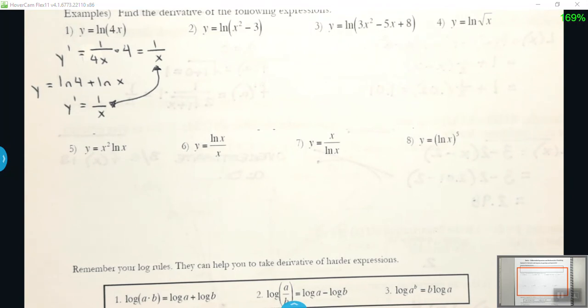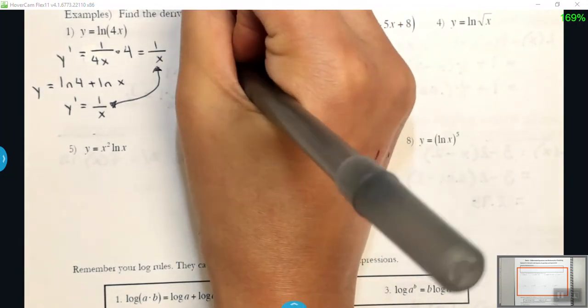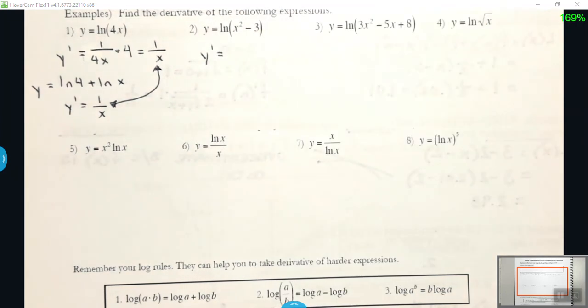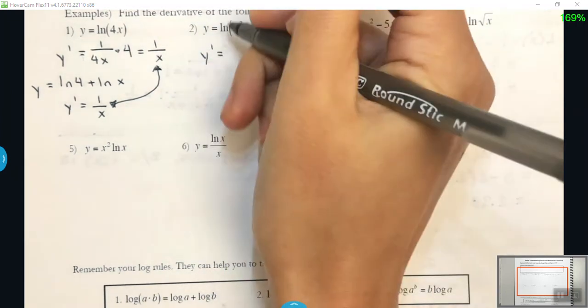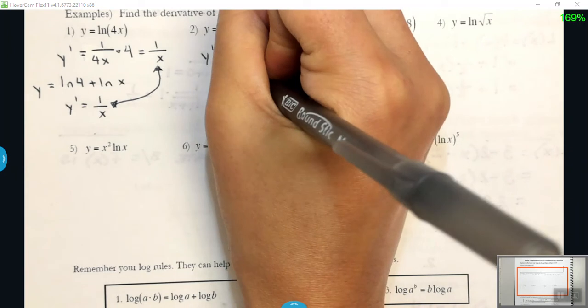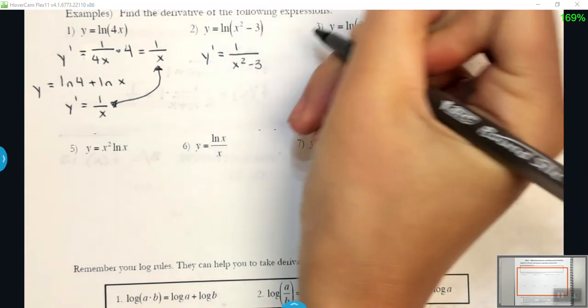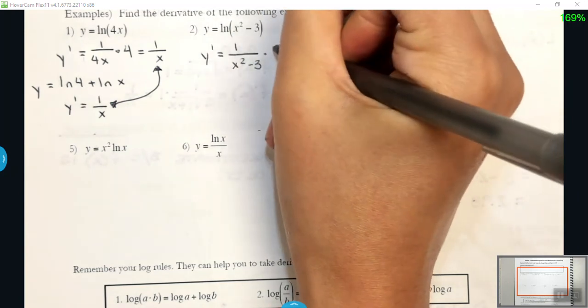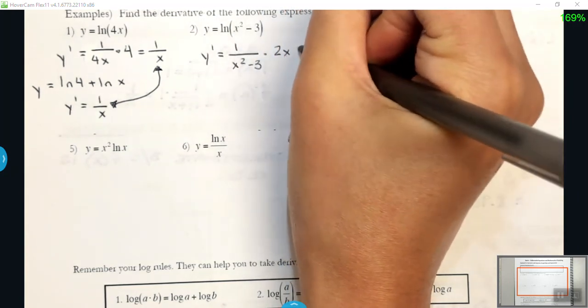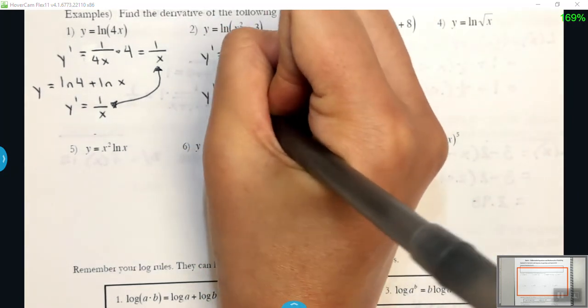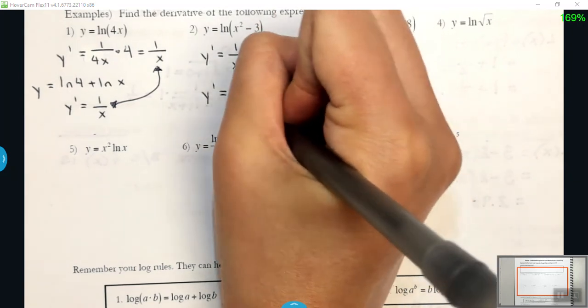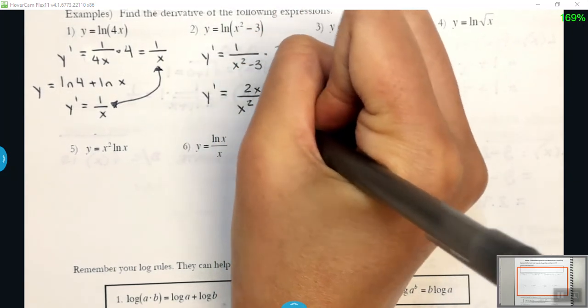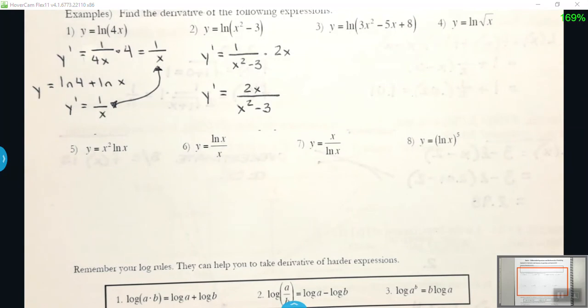Okay, so this one would be y prime equals the derivative of natural log, 1 over x squared minus 3, but don't forget the chain rule, so we have to multiply by the derivative of x squared minus 3, so 2x. If you want to do this all in one step, if you're fast, that's fine, you can put the 2x on the top.